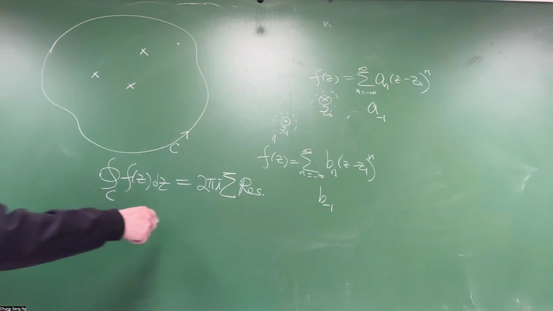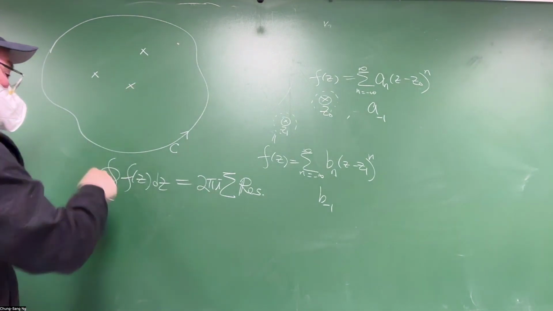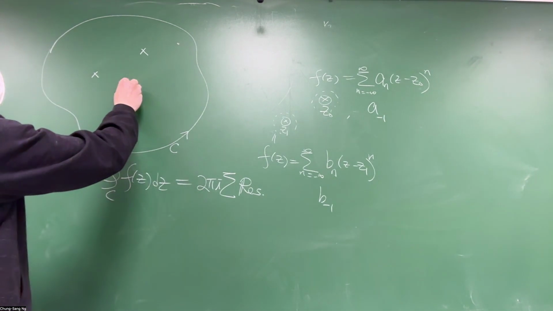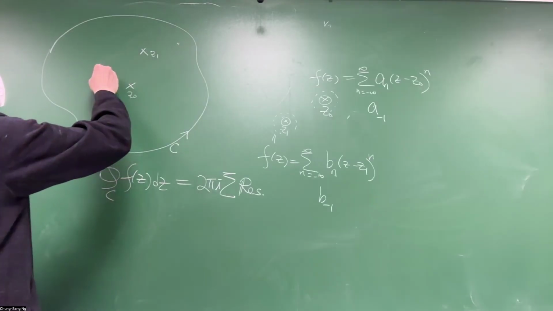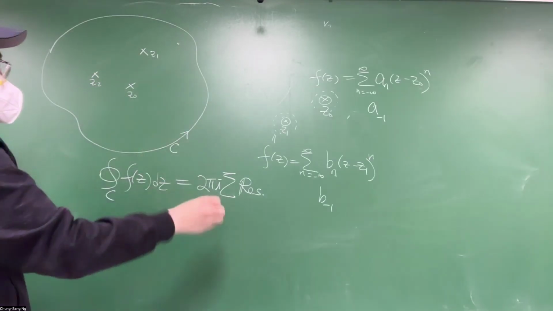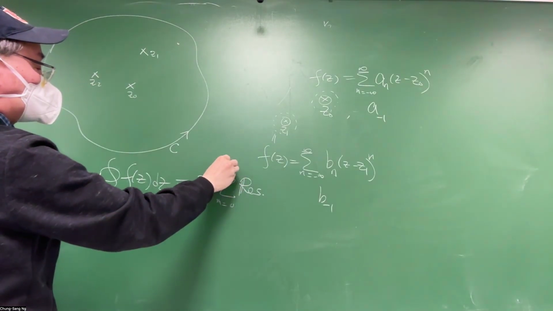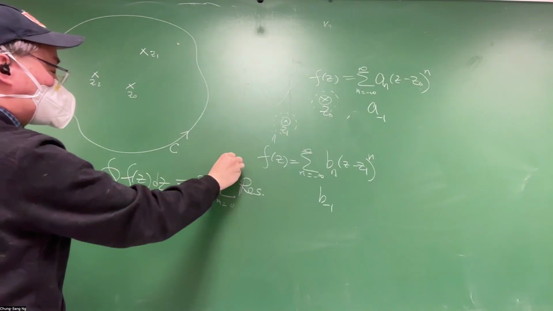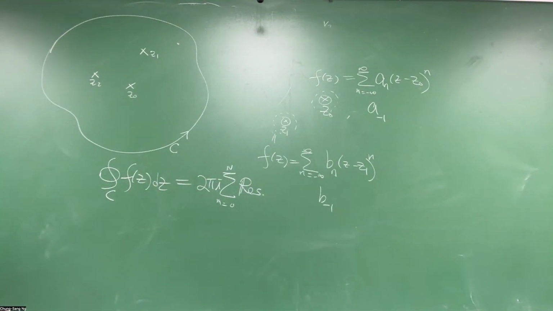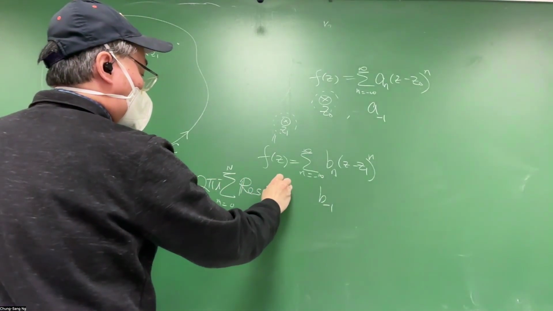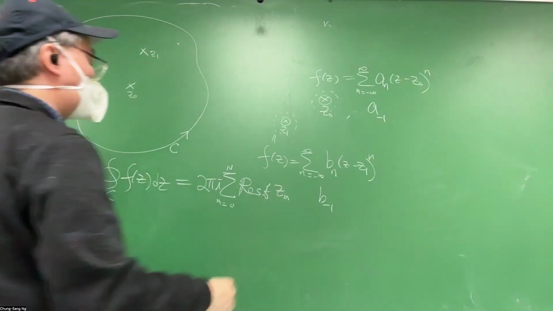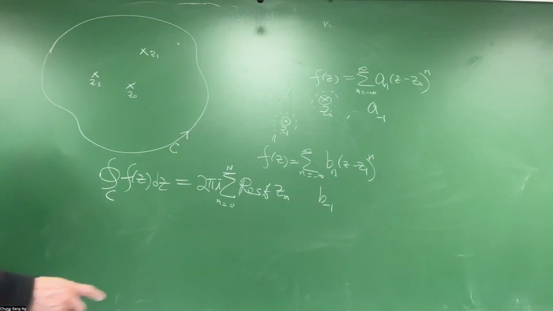And maybe you want to be specific, then you define these as c sub 0, c sub 1, c sub 2, and so on: the residue at c sub n, for all the singularities.